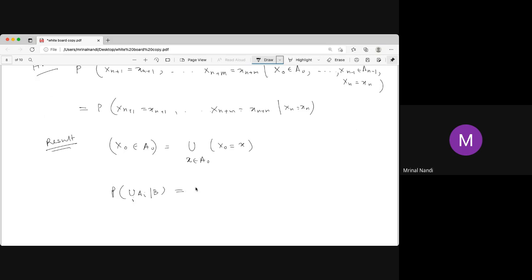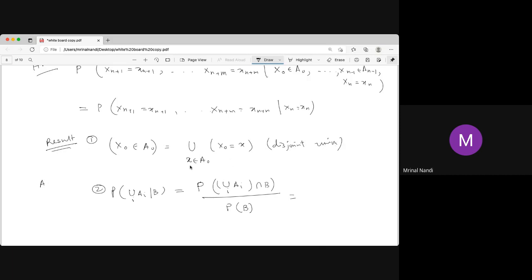This you can easily check, this is just the union of, probability of ai intersection b, given b, probability of b. Now, if these are disjoint, disjointness is needed. This is a disjoint union.